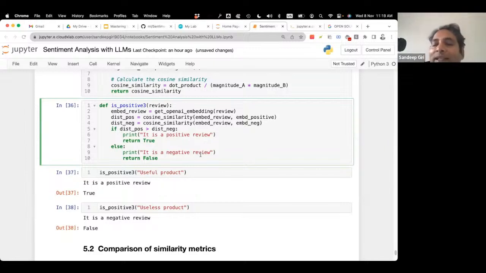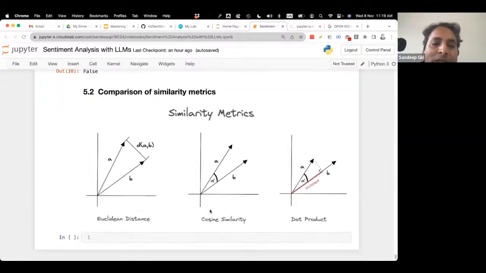Try computing the distances. Take it as homework. Use this curiosity that you have as your motivation to do hands-on. My request to everybody is to give it a shot. All you need to do is get an OpenAI API key and start experimenting there.